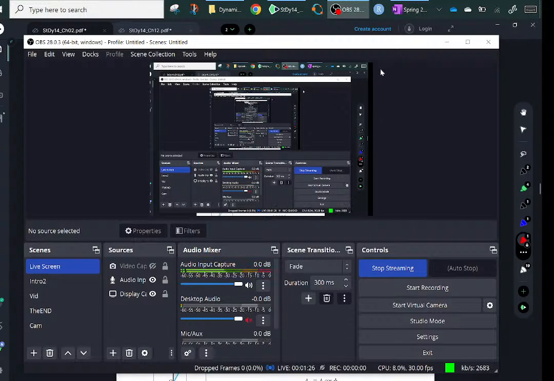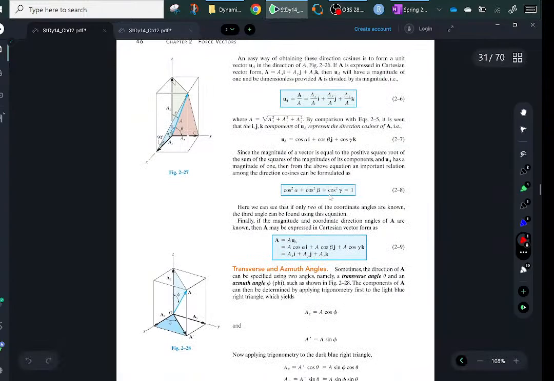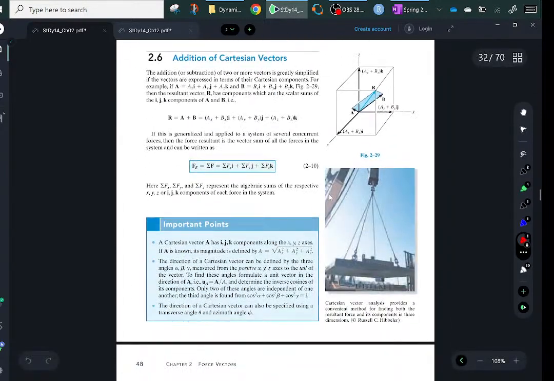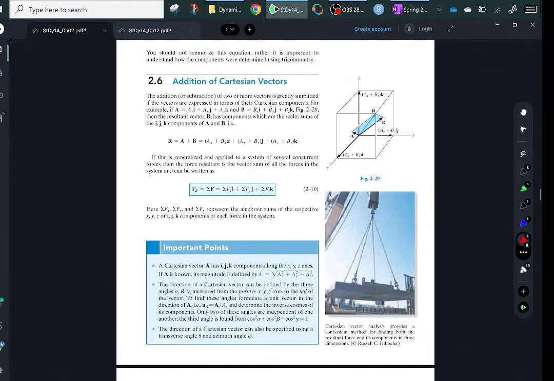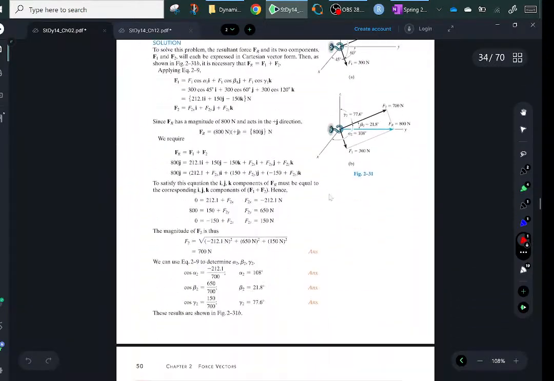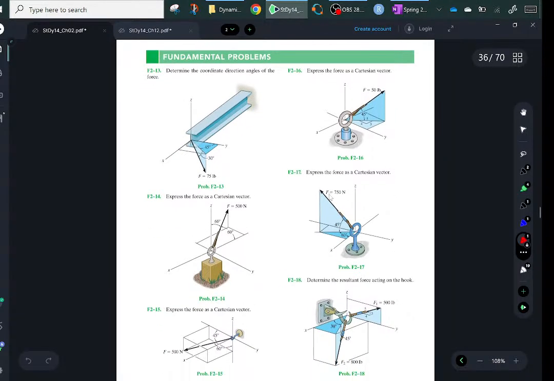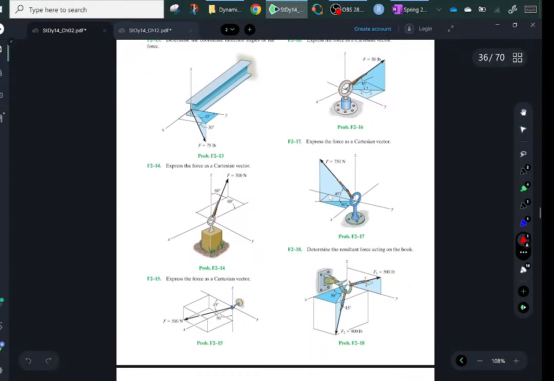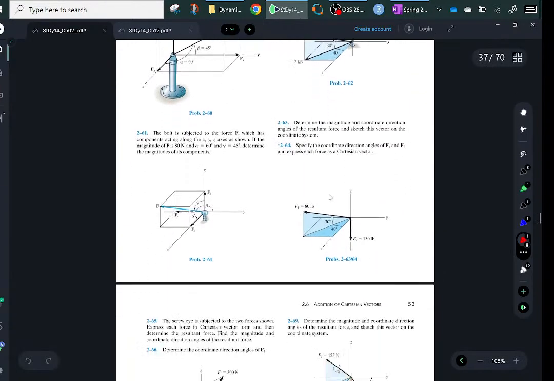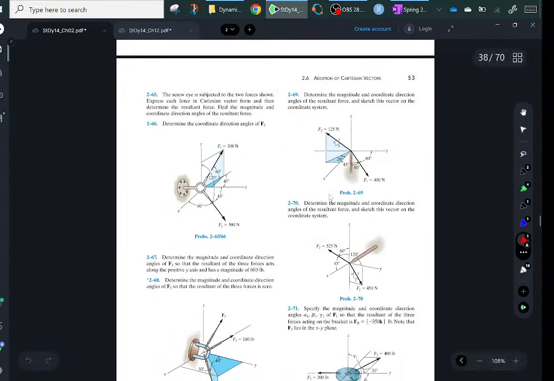So let me just, I know it's not time to go yet, but I'm going to try to find a problem that encompasses most all of this. Let's see. If I find one that has a bunch of angles all together, there's two.